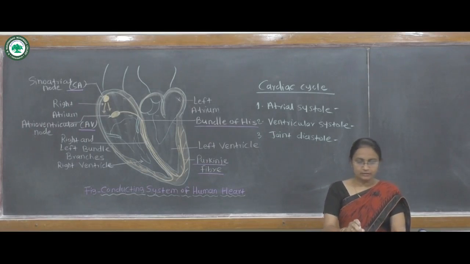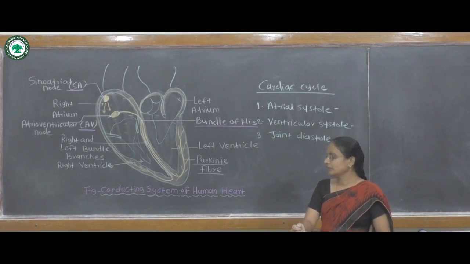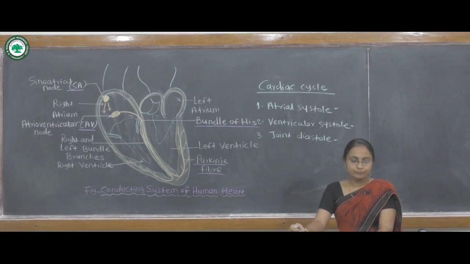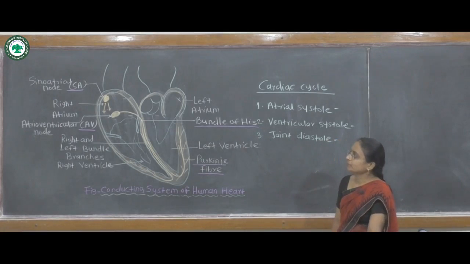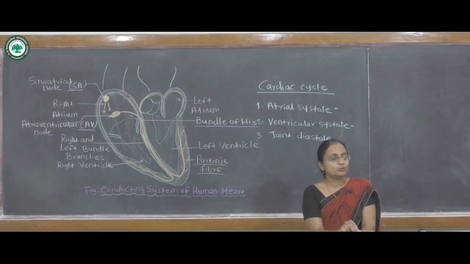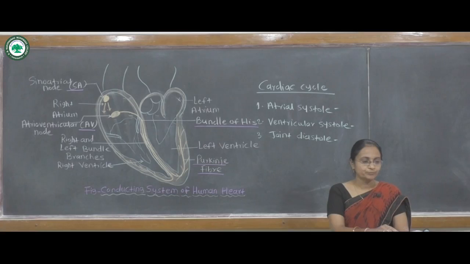During this atrial systole, the right atrium receives the deoxygenated blood and the left atrium receives the oxygenated blood. When both atria are filled with blood, pressure is applied on the walls of the left and right atrium, and the valves open.